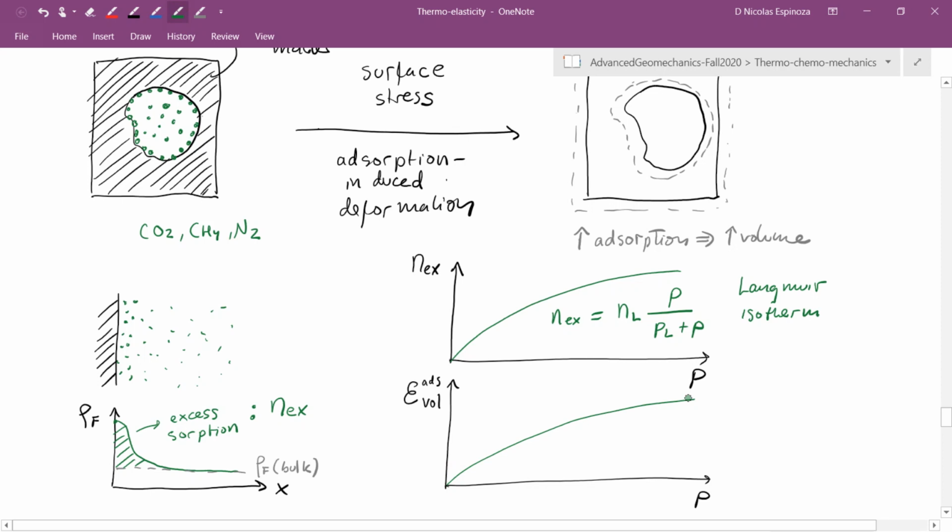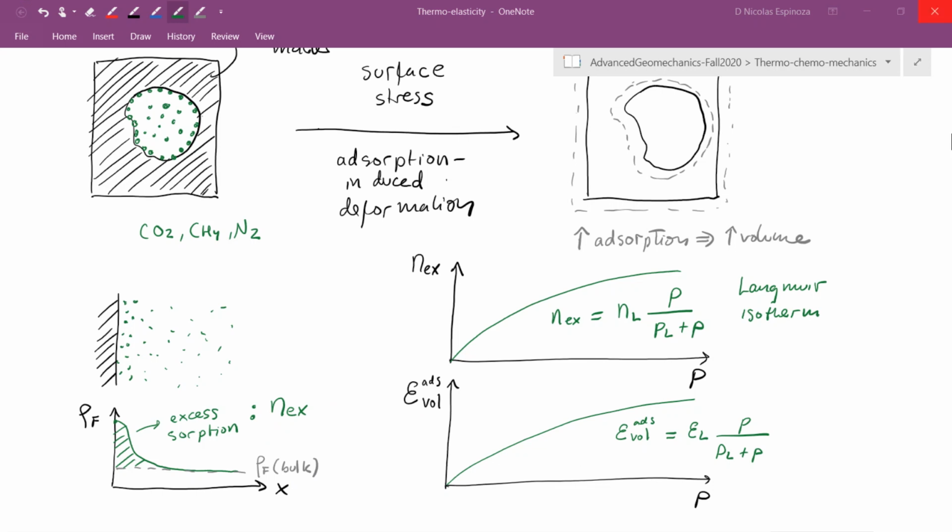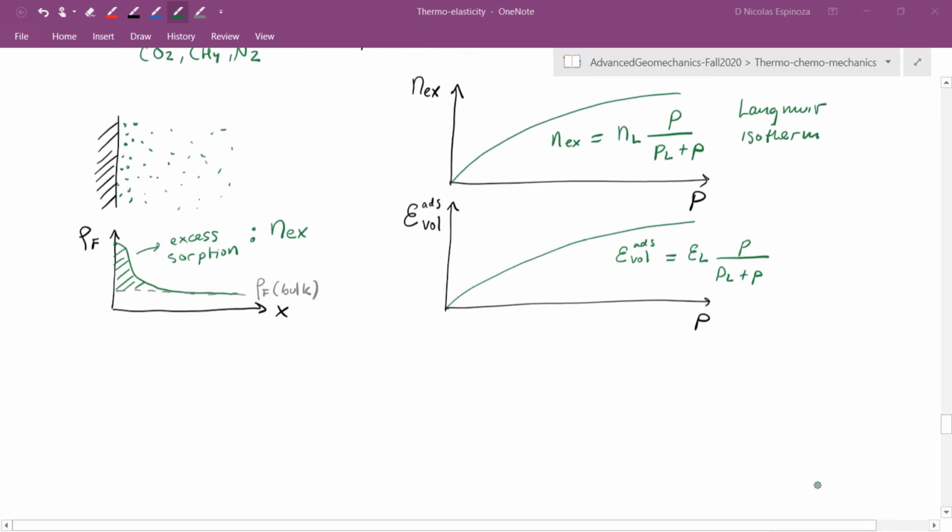And for this Langmuir isotherm, I could also define this volumetric strain caused by adsorption as a function of the Langmuir type isotherm, but here now we will have epsilon L and pressure P L, and this Langmuir pressure may or may not be exactly the same.